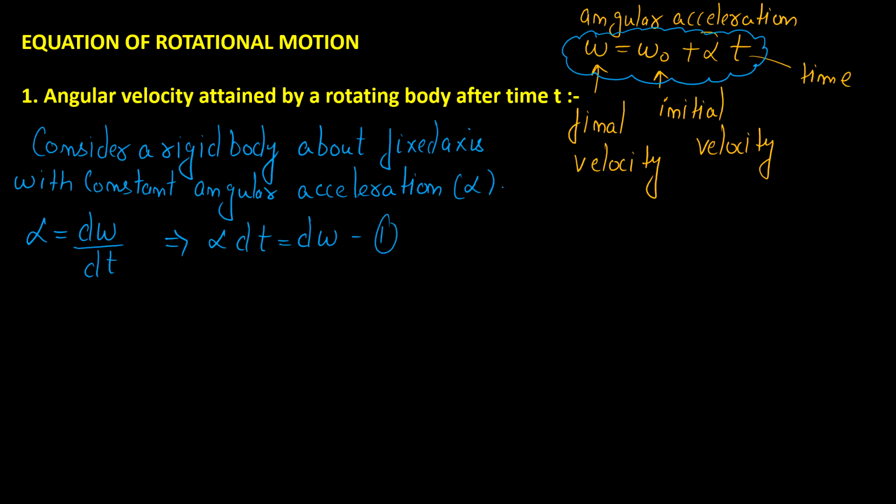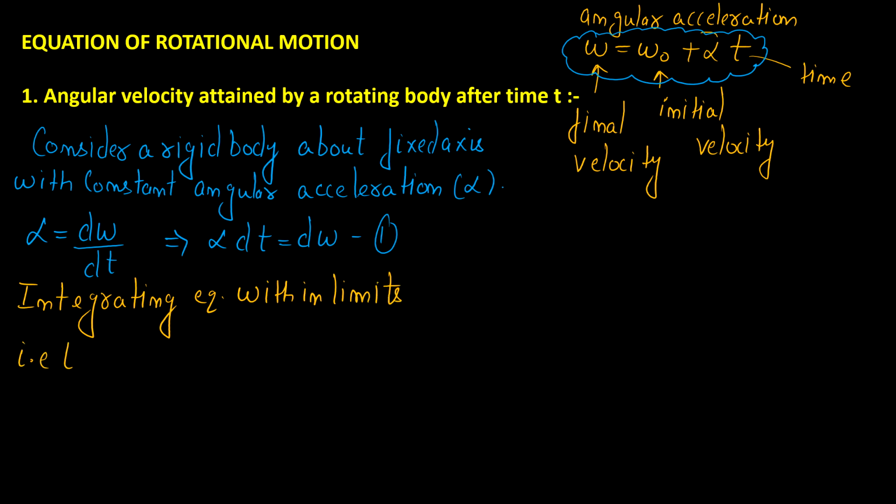Then integrating equation first within limits, that is when time equal to 0, omega is omega naught, which is initial velocity, and when time equal to t, omega is omega, which is final velocity.